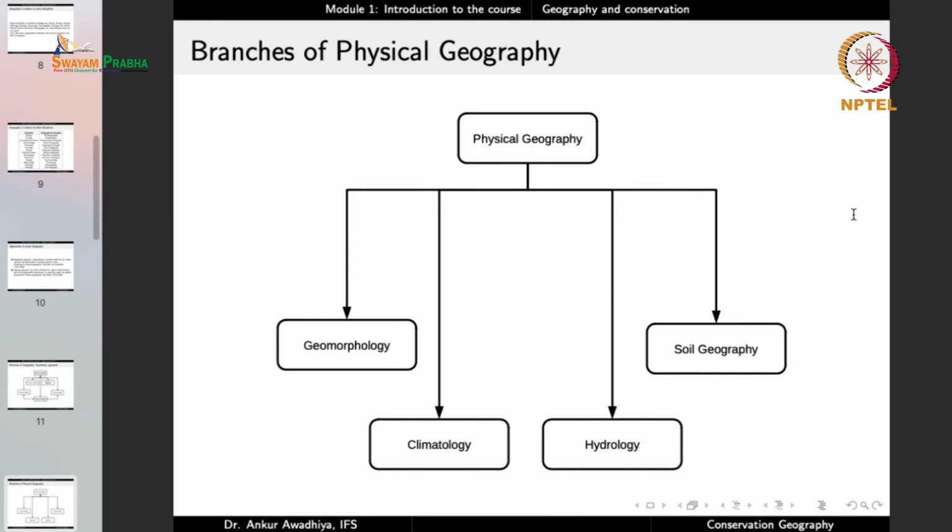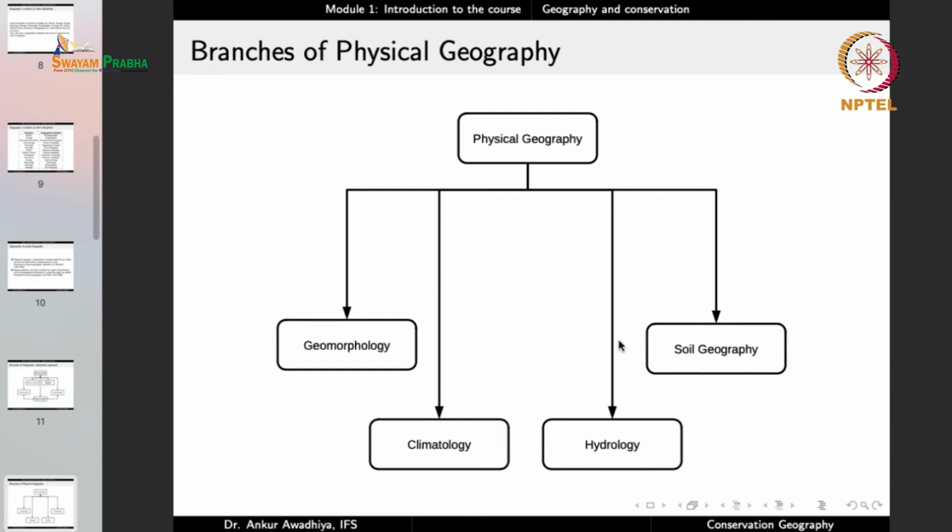Now if you look at each of these branches, we will have certain sub branches or subfields of study. So in physical geography, we study things like geomorphology, which is the study of the earth forms. We have the field of climatology, which is the study of climates. We have hydrology, the study of water.